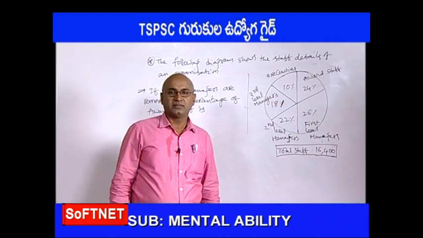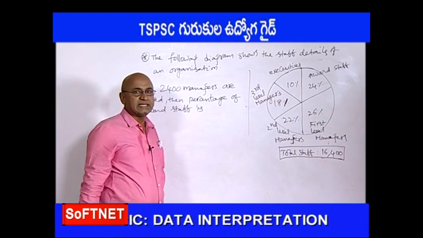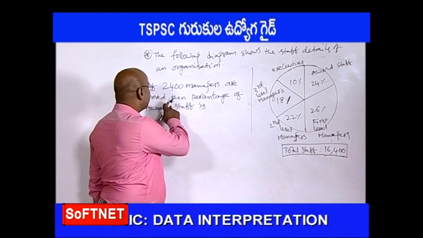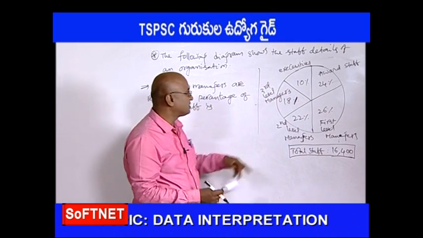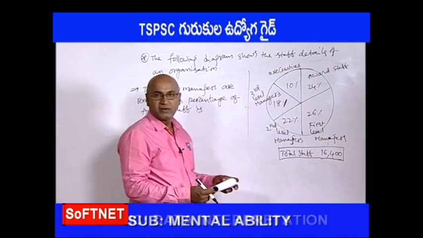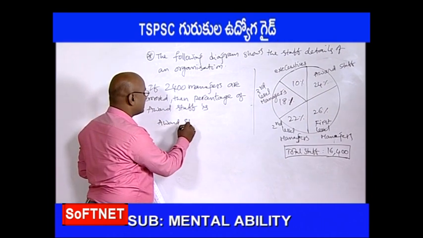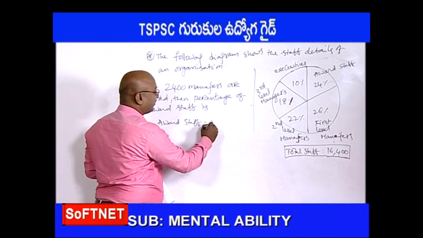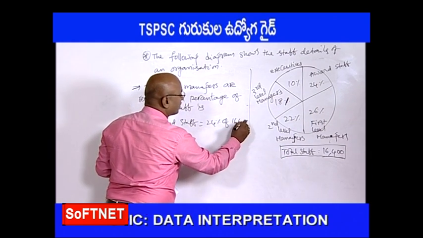The next problem is as follows. If 2,400 managers are removed, then what is the percentage of the award staff? The award staff is 24%. First we will find out the award staff. The number of award staff is 24% of the total staff, that is 16,400.